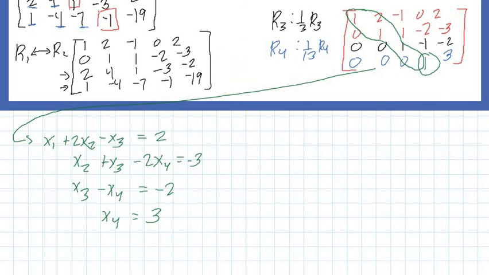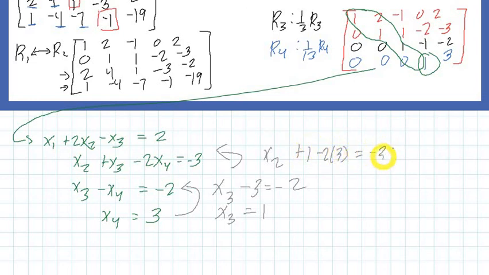Hence, all I need to do now is substitute. So therefore, if I'm going to substitute here, I will have x sub 3 minus 3 equals negative 2. That will give me an x sub 3 equals 1. Then substitute these values again to this one. I will have x sub 2 plus 1 minus 2 times 3 equals negative 3.